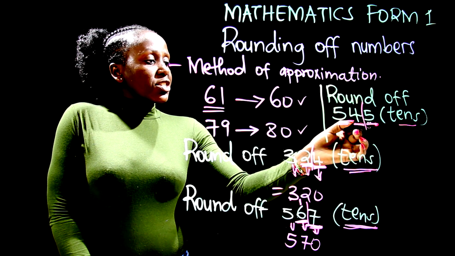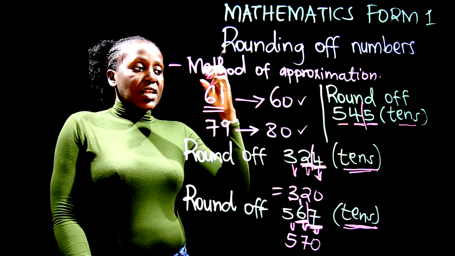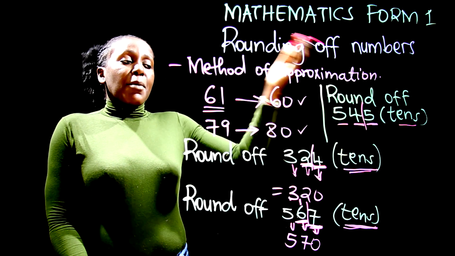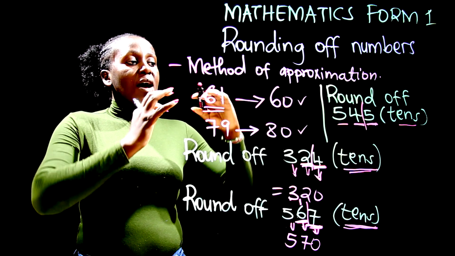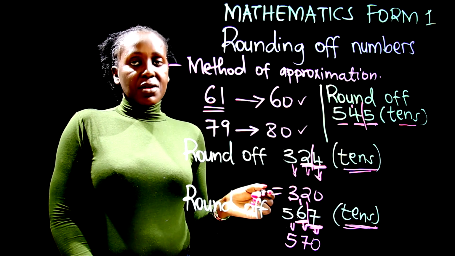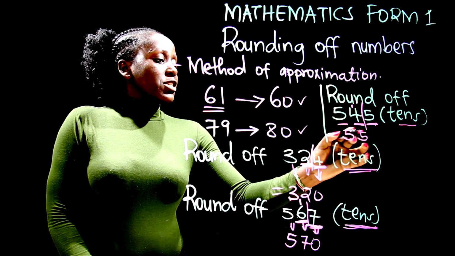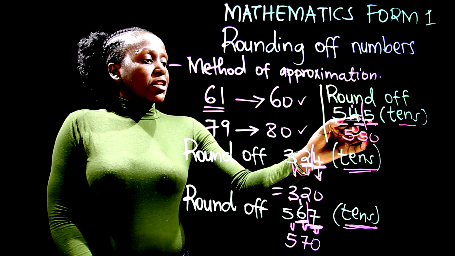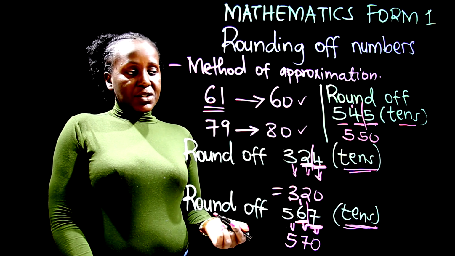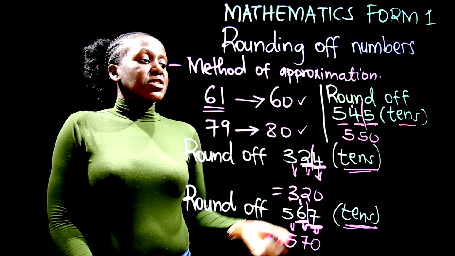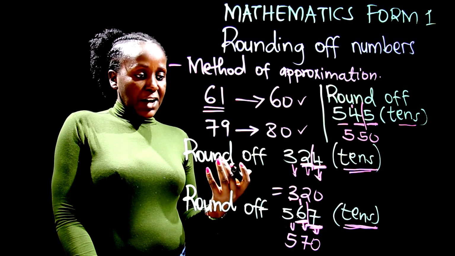Since this digit is 5, and the rule is if the number is 5 or greater than 5, you round that up. So we round up the 5 into a whole which is added to the 4. So this will become 550. Remember now after rounding up the 5, it is reduced into a 0. So 1 plus 4 becomes 5. So 550 will be our approximated value.